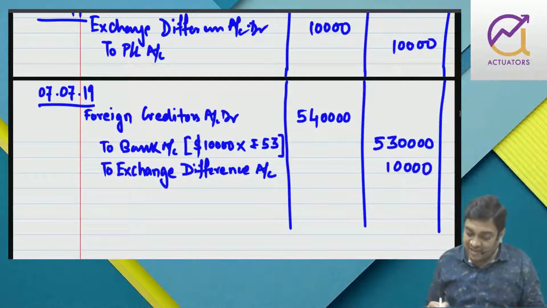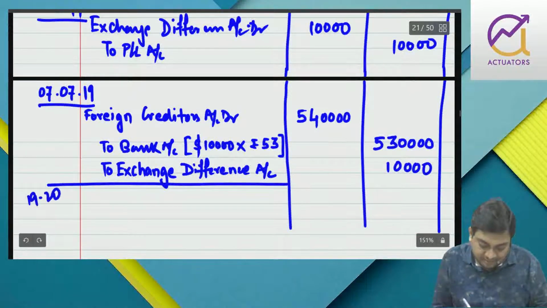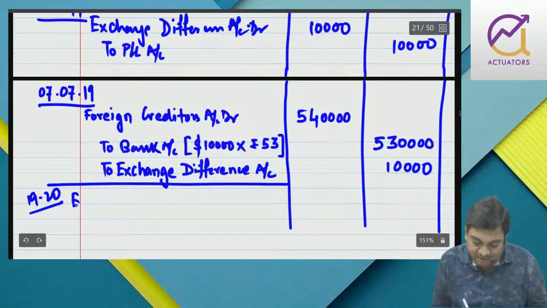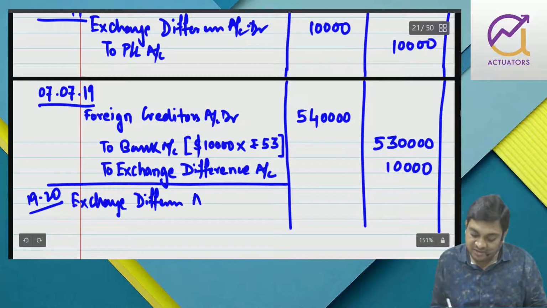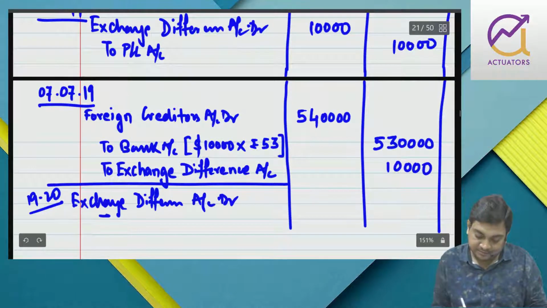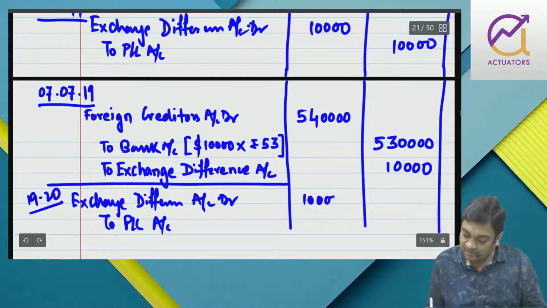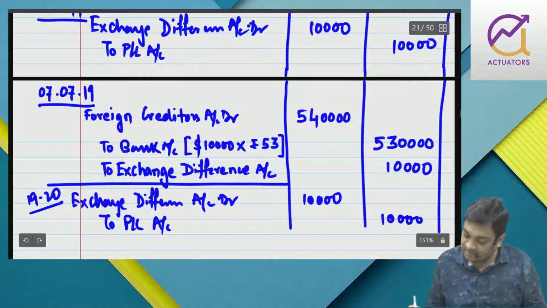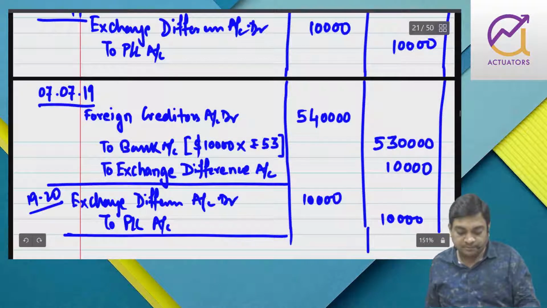Further, the exchange difference calculation is also incorrect. So in 1920, again, exchange difference account debit to PL 10,000. So I'll write the conclusion now.